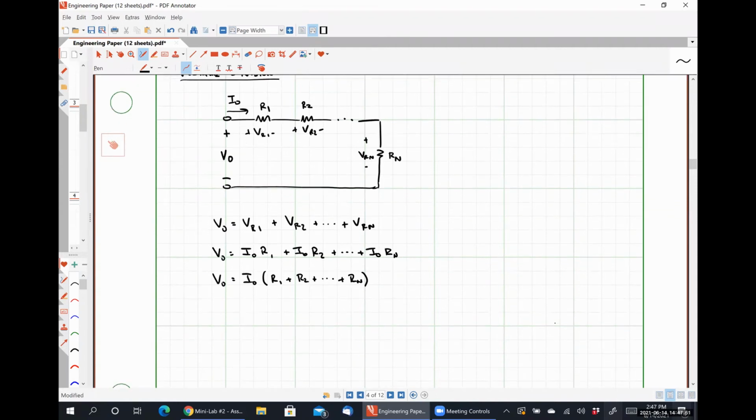But let's take a quick aside here. Let's express I naught in terms of those resistor values. So I naught is V naught divided by R1 plus R2 plus Rn, like so.